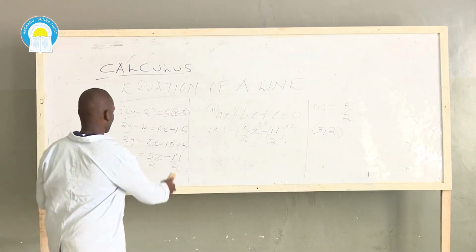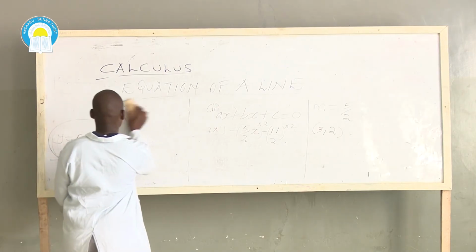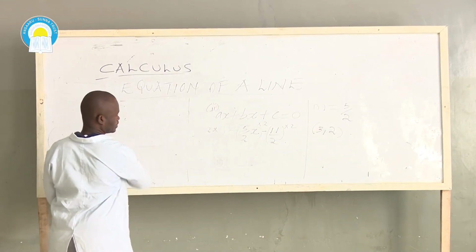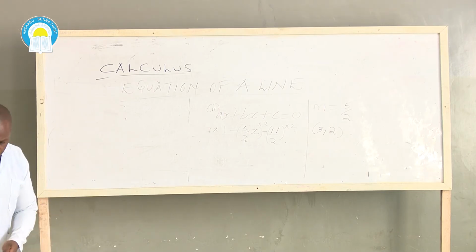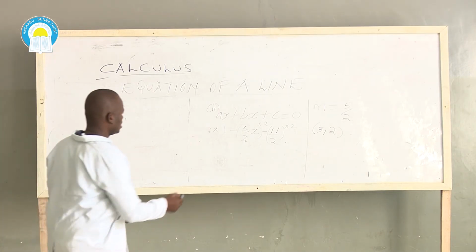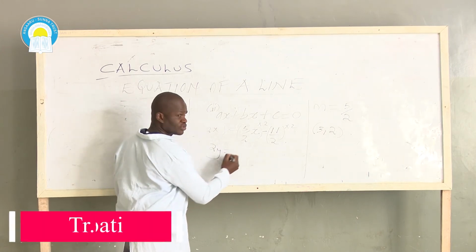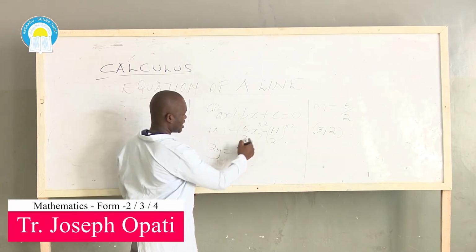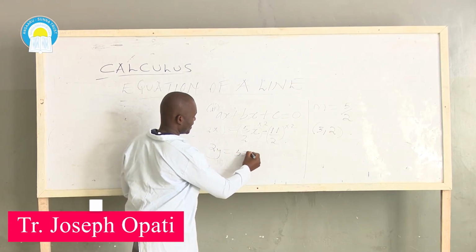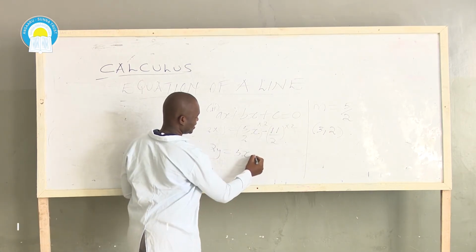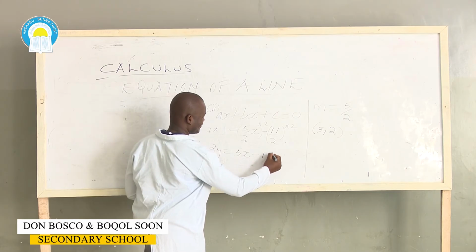Now what do we end up with? We shall end up with 2 times y, you get 2y. 2 times this, you get 5x. 2 times this, you get 11.